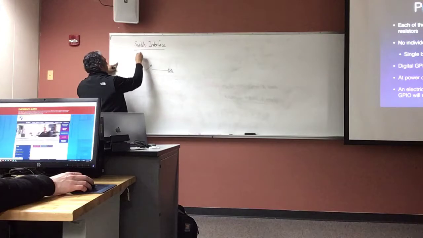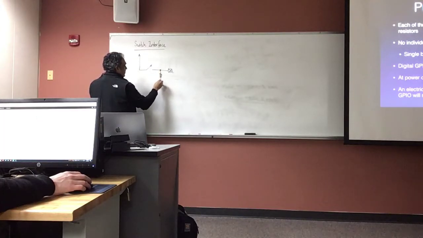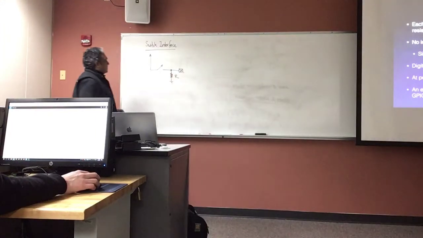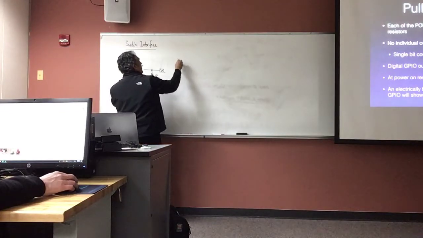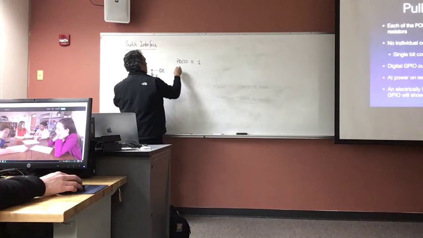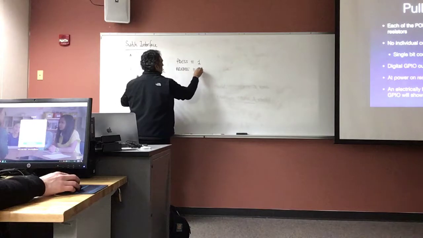And then we got power on one end, and a pull-down resistor on the other, like so. Right? And this gives me a press with a logical 1, and then a release gives me a logical 0, right?